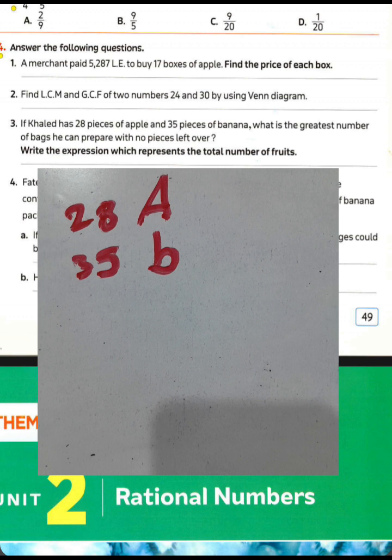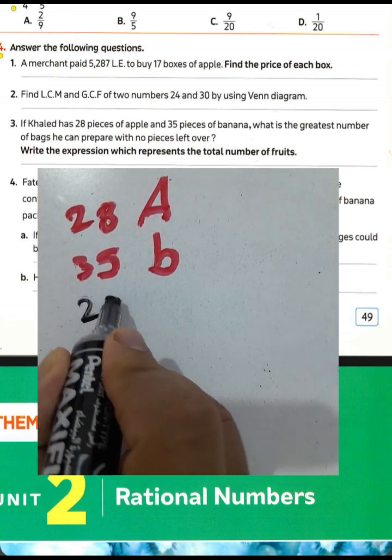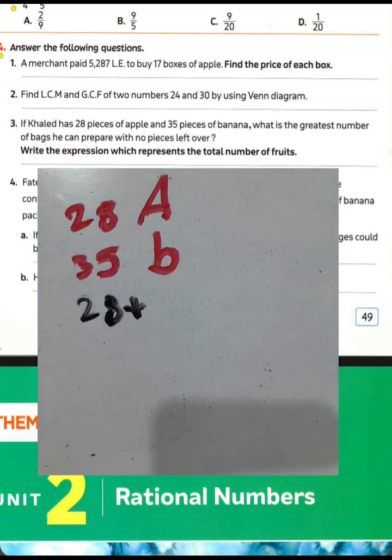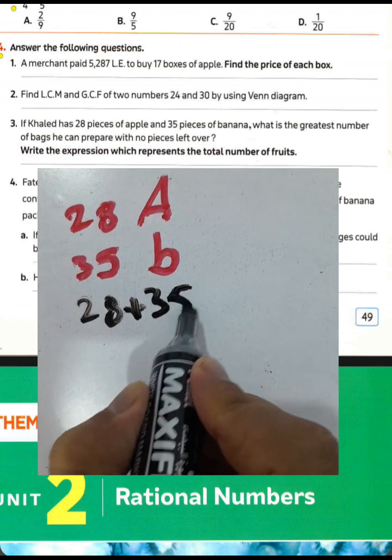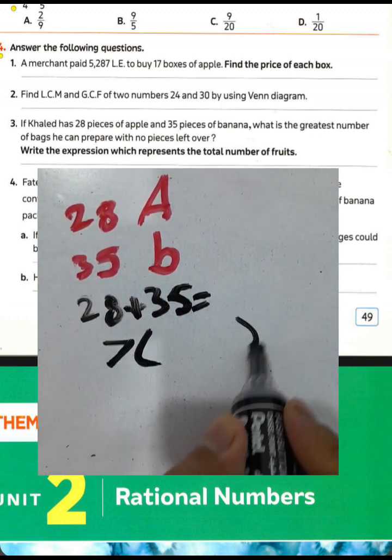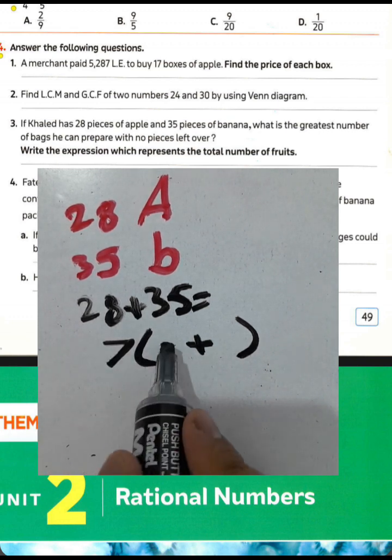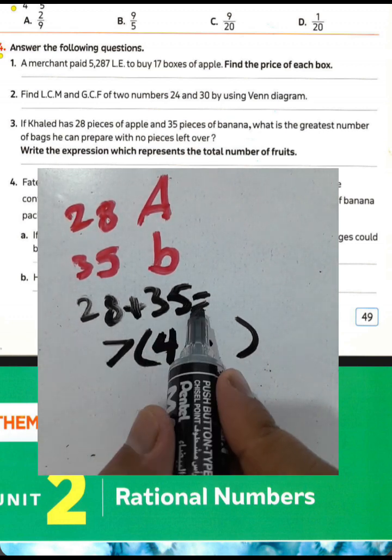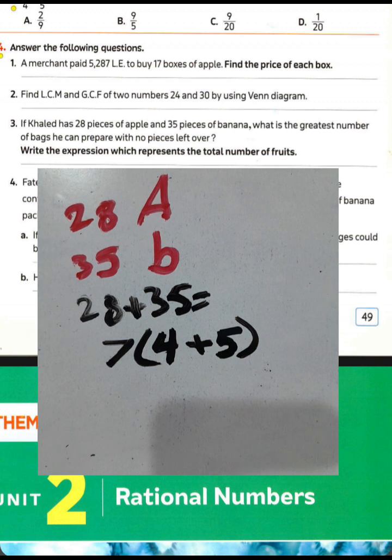We know 28 equals 7 times 4, and 35 equals 7 times 5. Then for 28 and 35, it will be what? We can write 7 as the highest common factor between the two numbers, and 28 divided by 7 equals 4, 35 divided by 7 equals 5.